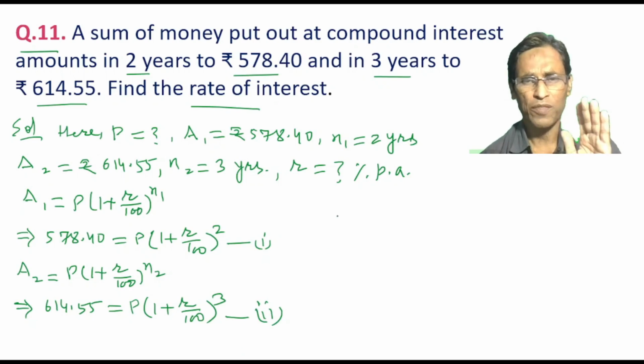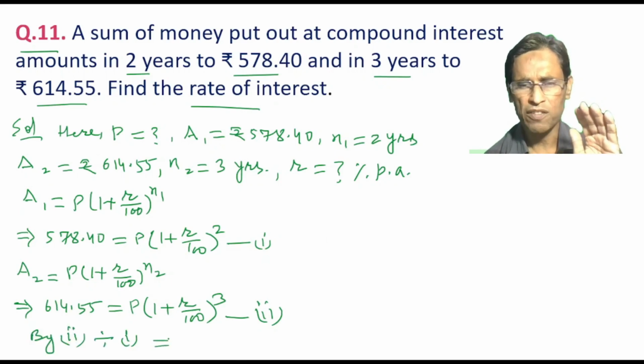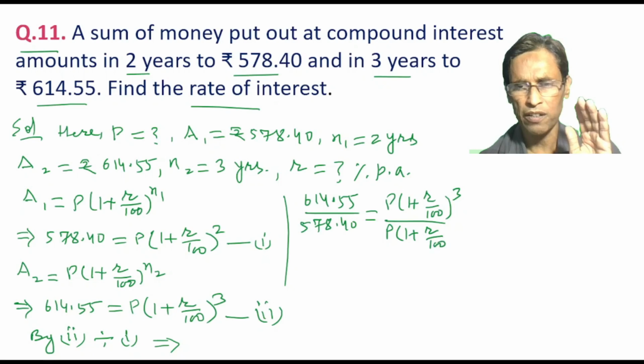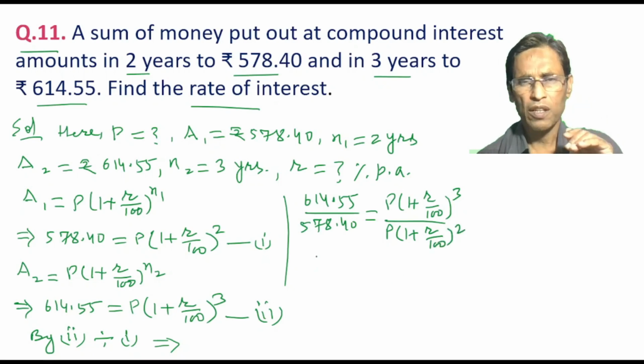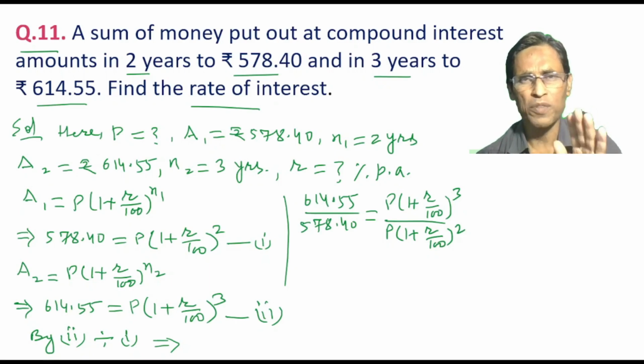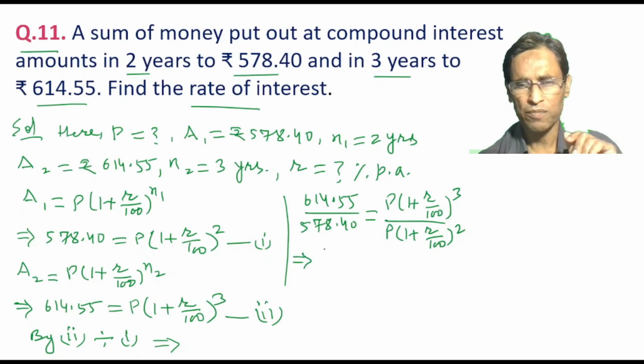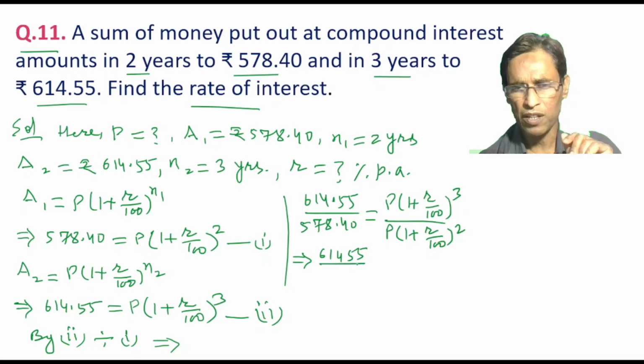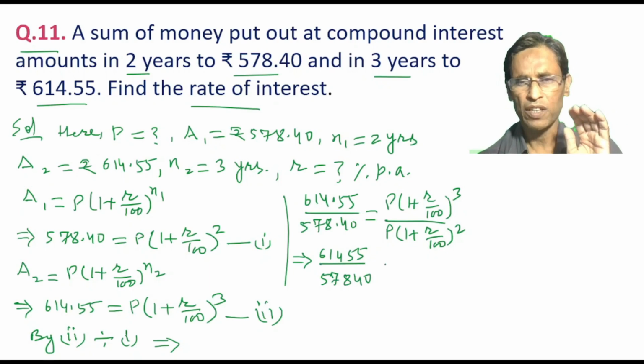In the next step, we divide equation 2 by equation 1. Now by comparison we can say, after decimal the numerator and denominator have the same digits, so the decimal can be removed directly, and then we get 61,455 divided by 57,840.